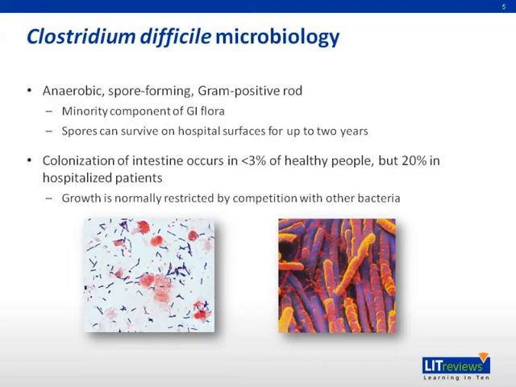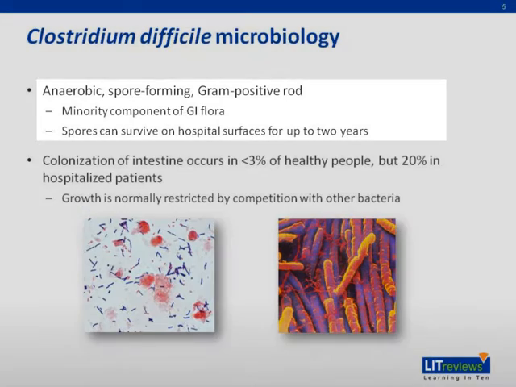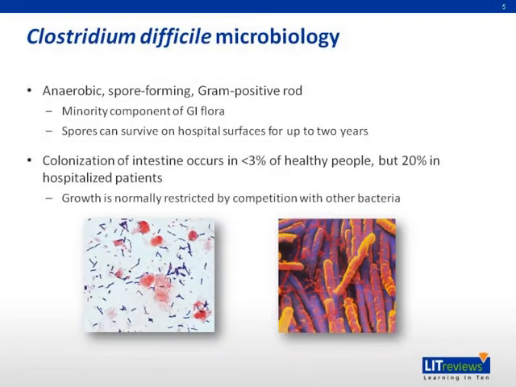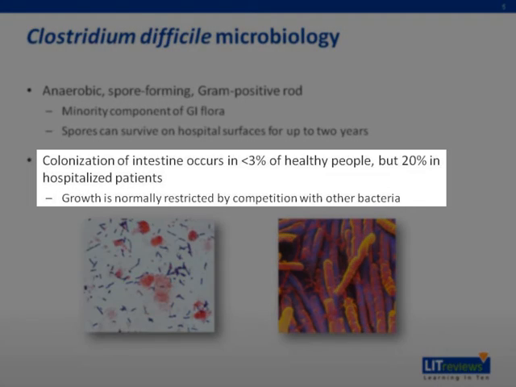So the causal agent of pseudomembranous colitis is Clostridium difficile, which is an anaerobic spore-forming gram-positive rod. It's normally a very small component of the GI flora, and as is typical of spore-forming bacteria, it can survive on surfaces for many years. The colonization of the intestine is quite unusual in healthy people, but it's very common in hospitalized patients.